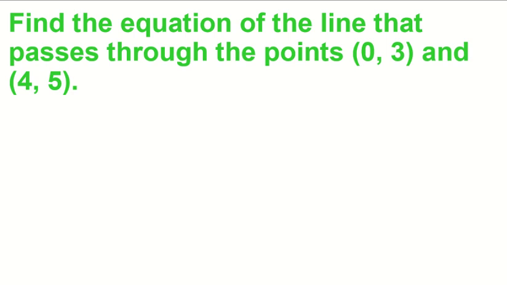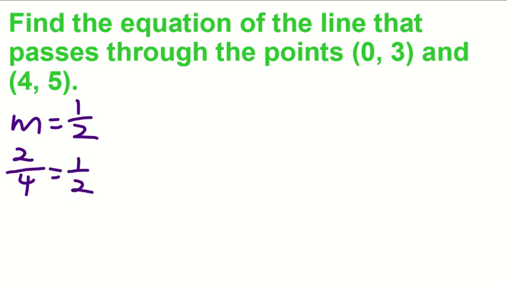Yeah, I'll give it to you. We have to simplify that though. That's 1/2. 2 goes in both of those. Our slope is 1/2. The change in y was 2, change in x was 4. Like he said, 2 goes into each of those. So when you divide each number by 2, you get 1/2.